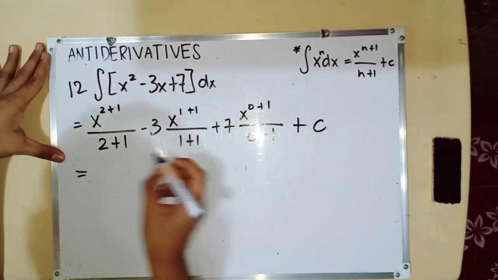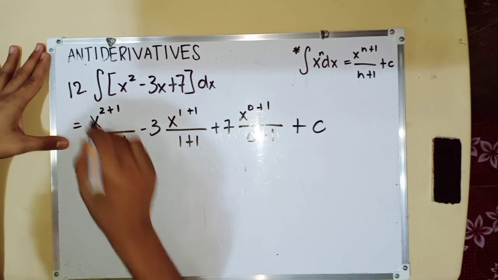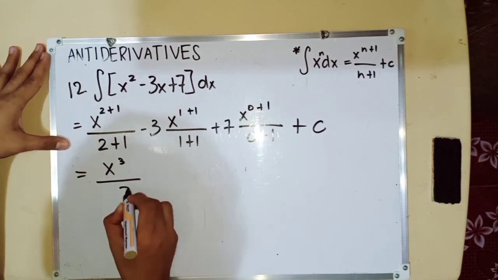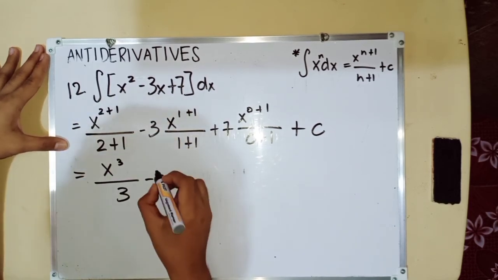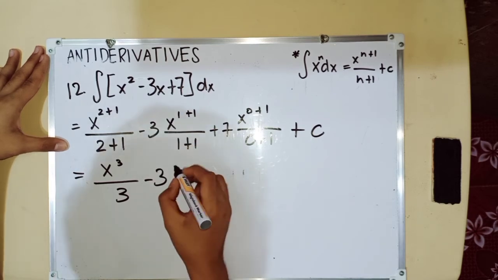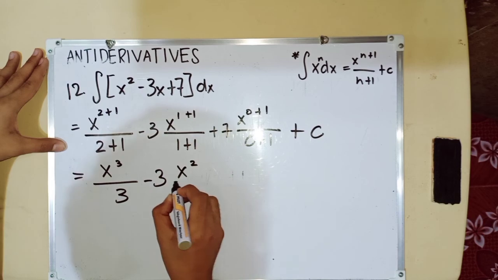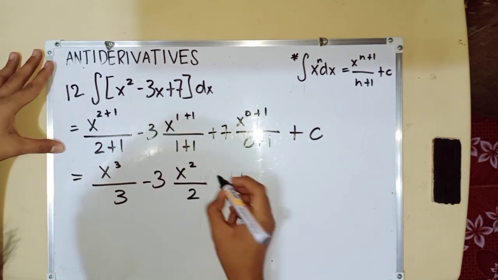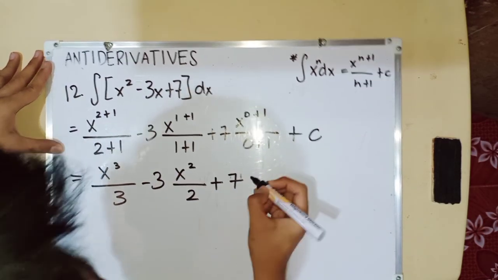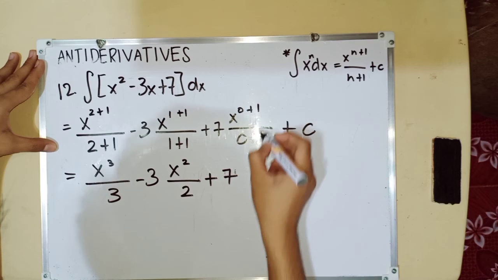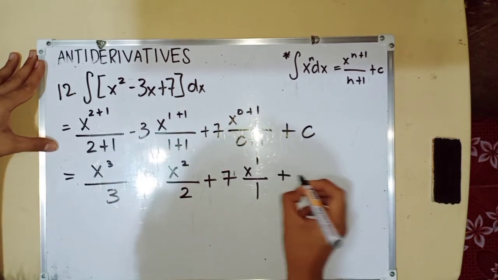So, let's simplify this. x raised to 2 plus 1 is equal to 3 over 3. Then, negative 3, we just copy. Then, x, 1 plus 1 is equal to 2, over 1 plus 1 is equal to 2. Positive 7, 0 plus 1 is equal to 1, over 0 plus 1 is equal to 1, plus c.